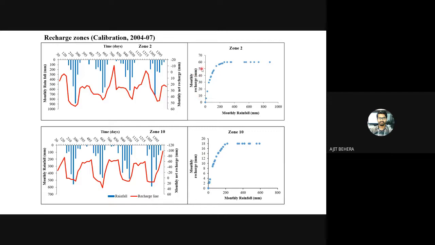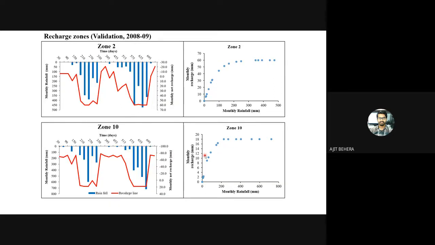In the other zone the recharge is high, because, as I told you, this is the upper delta formation and this is the lower delta formation. In the lower delta formation, we have more clay. More clay means we have pore spaces, but no interconnected pore spaces. That's why there is no further recharge.